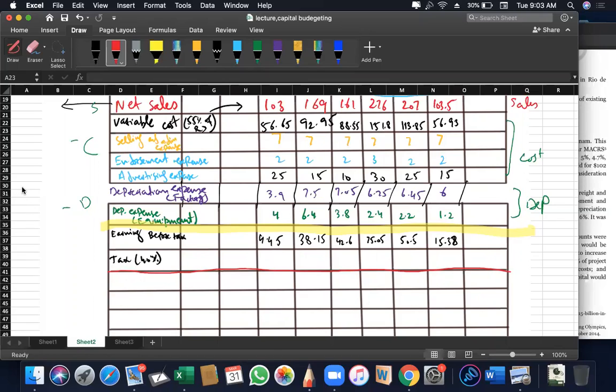Are these tax values 3.11? 40% of 4.45, oh, it can be 3.11. It is 1.78 minus 4.45.